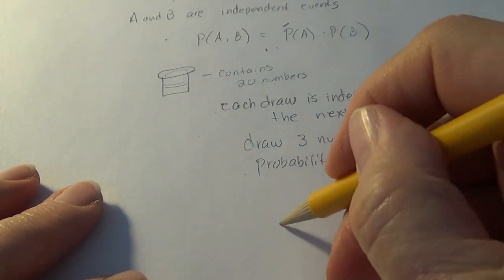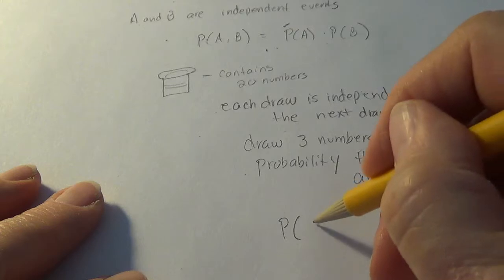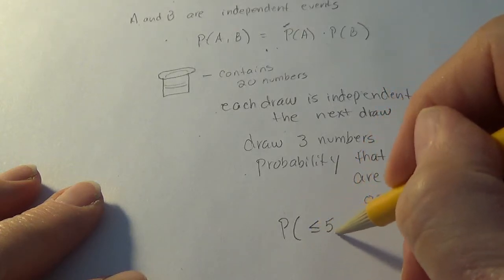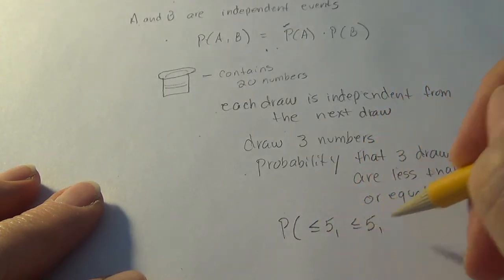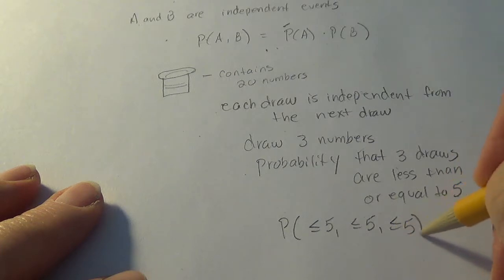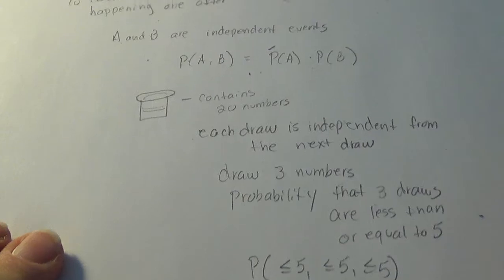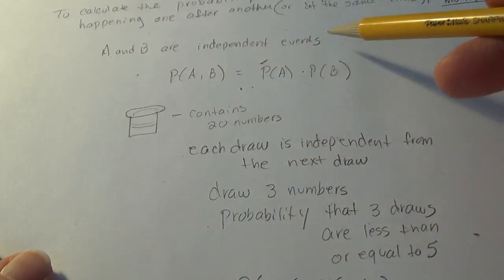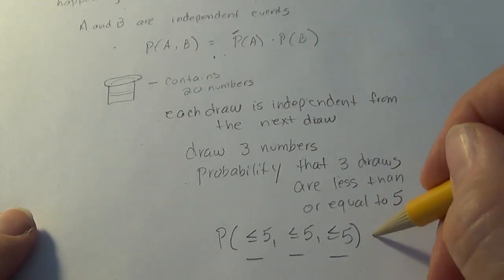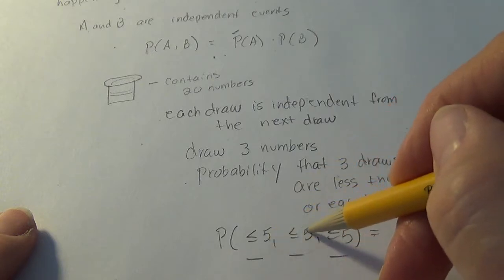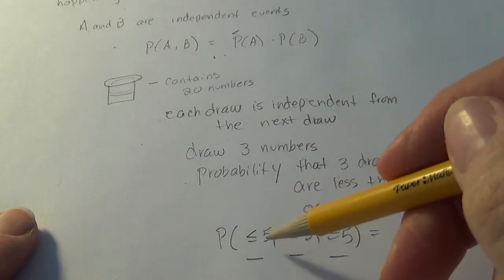So we want the probability that with 3 draws we get less than or equal to 5, less than or equal to 5, and less than or equal to 5. These are my 3 draws. What's the probability of that happening? According to this principle, for independent events, you take the probability of each draw and multiply them together.